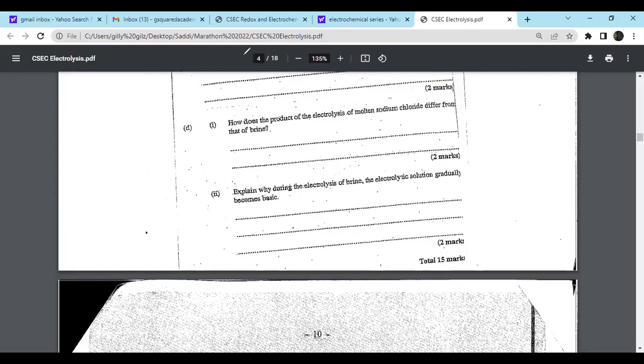Okay, let me find those questions. So while I'm looking for that, let me explain acids, bases, and salts for you.